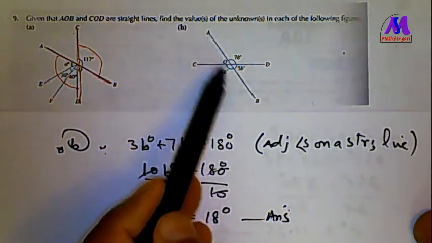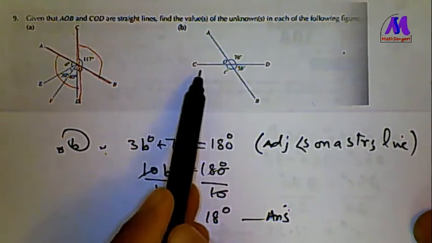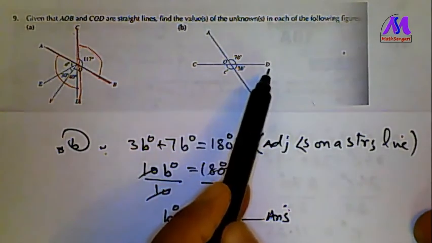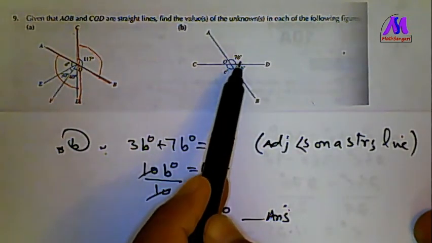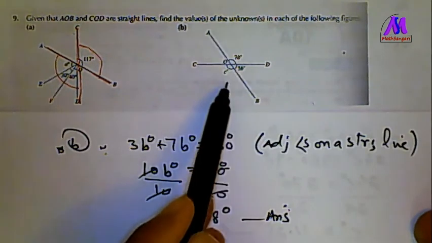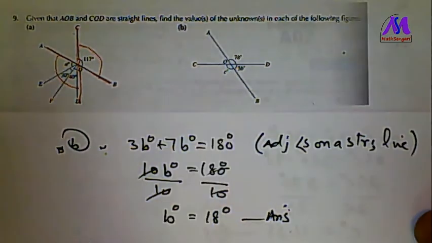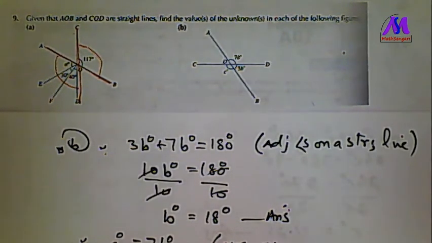If you concentrate here, straight line AB intersects another straight line CD, so it means C and 7B are vertical opposite angles. So C degrees will be equal to 7B degrees, and mention the reason: vertical opposite angles.